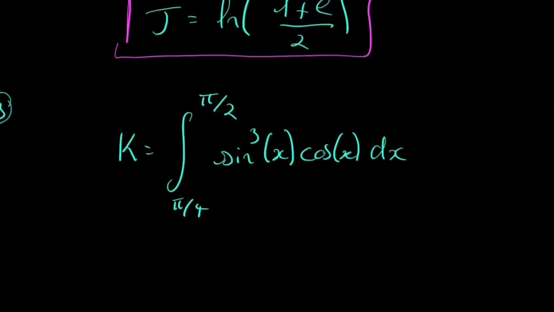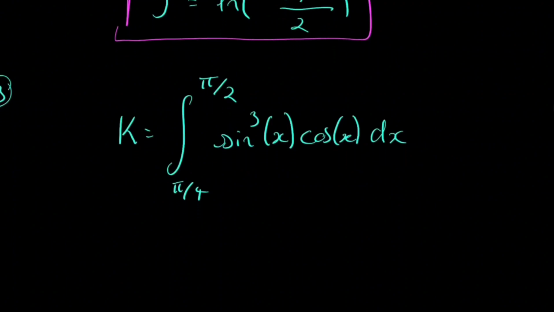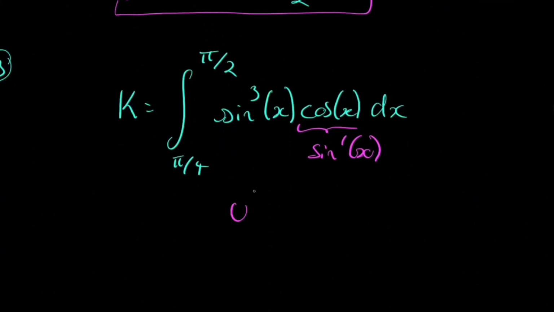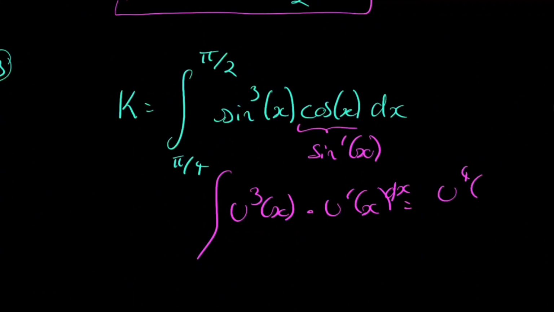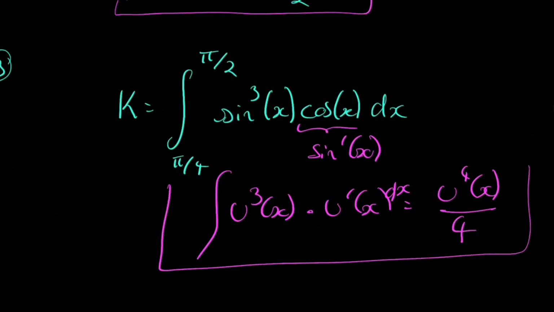Just as when we calculated J, you've got to see that cosine is sine prime of x, and so you've got something like u to the third power of x times u prime of x. And you know how to integrate that. It's equal to u to the fourth power of x over 4. That's something you should know, and it's always the same thing.